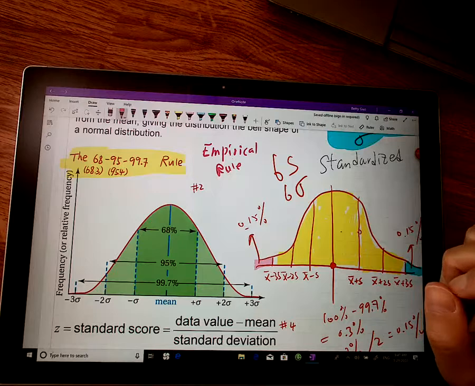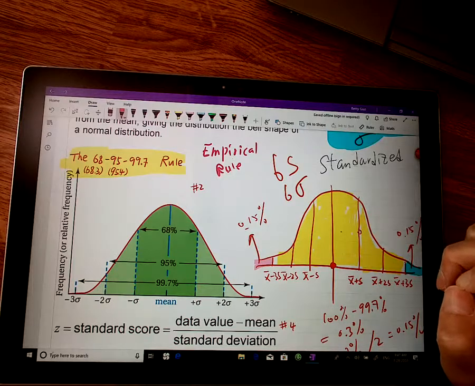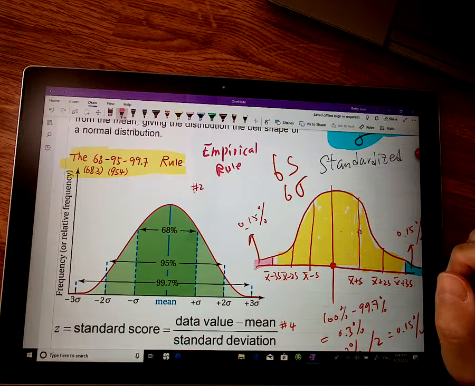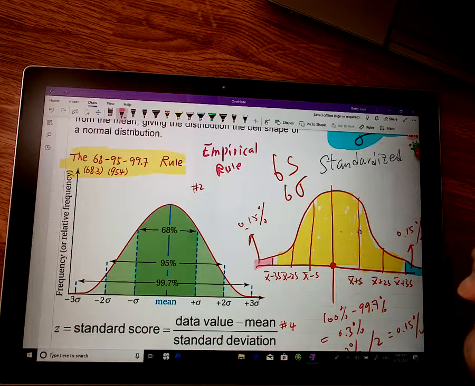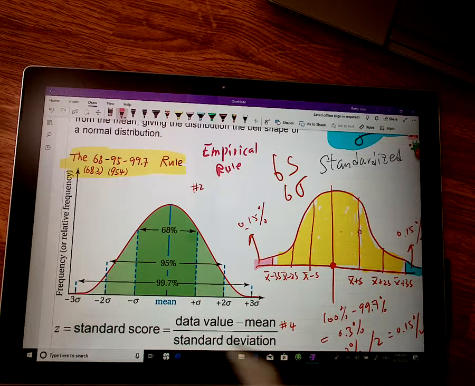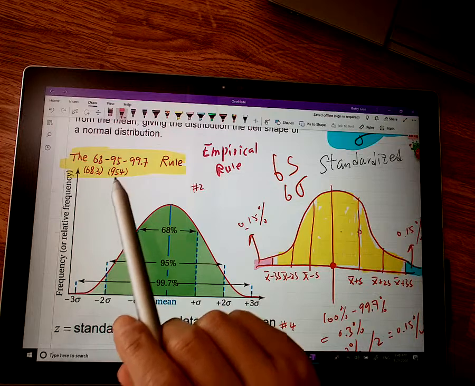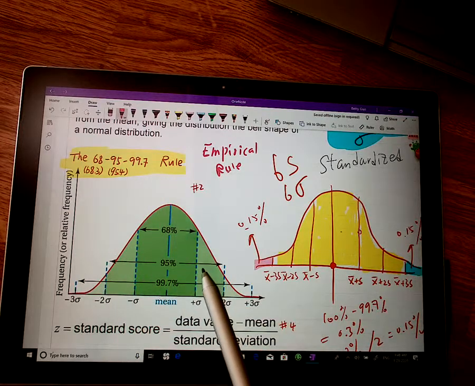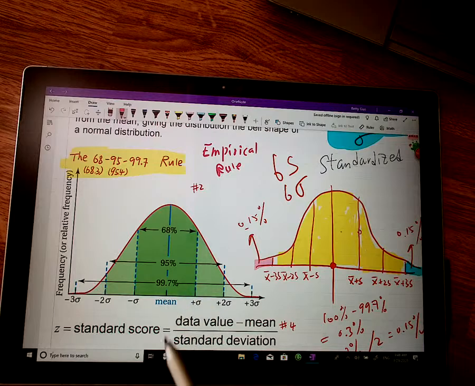Firstly, this rule only applies to normal distributions. If the data set is not normally or roughly normally distributed, then the rule does not apply. Again, the 68, 95, 99.7 rule only applies to a normal distribution, or a data set that is roughly normally distributed.